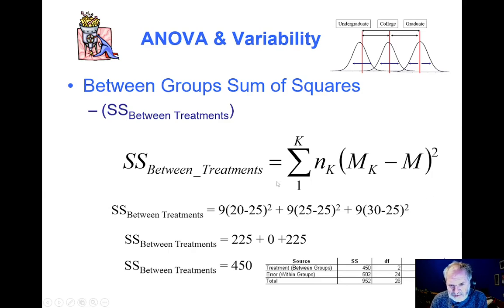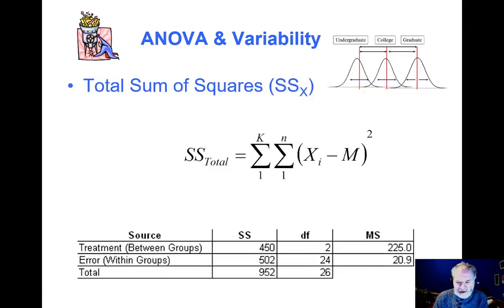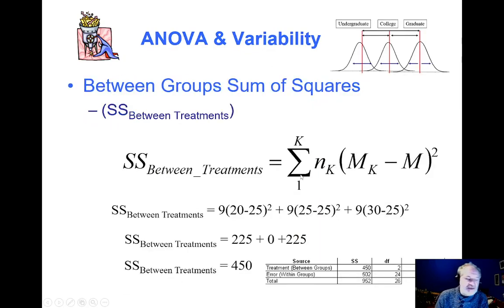My between treatments is their school experience: grad, undergrad, college. K refers to the group membership. So K is group membership, N is the number of the individual in each respective group, 1 through 9.